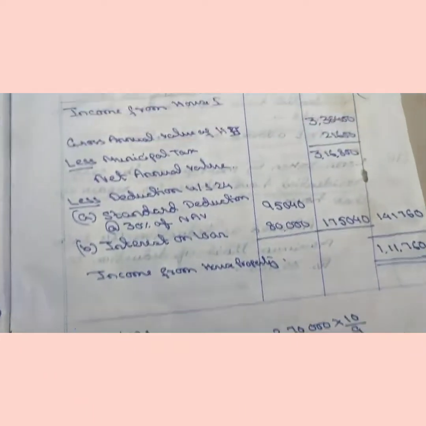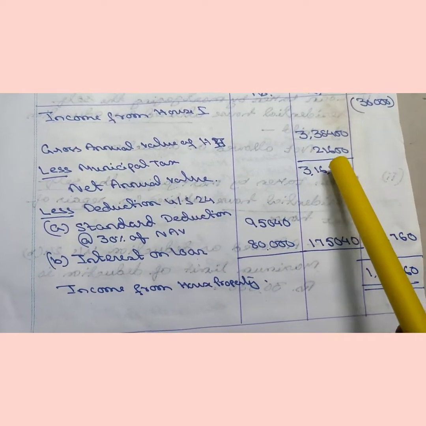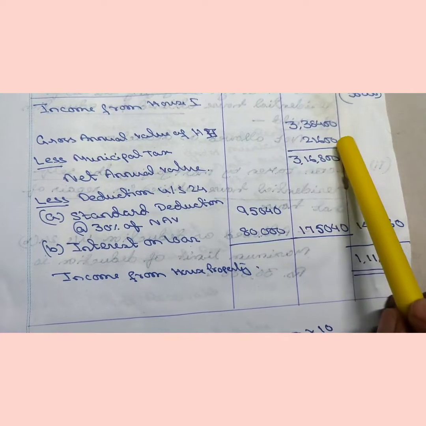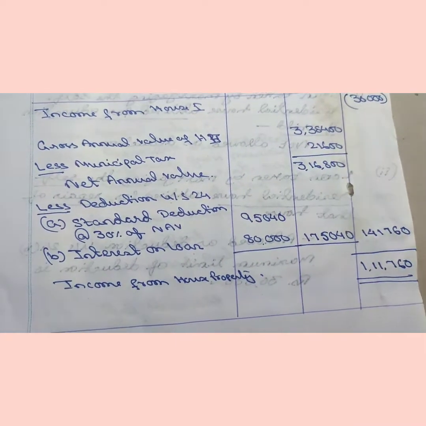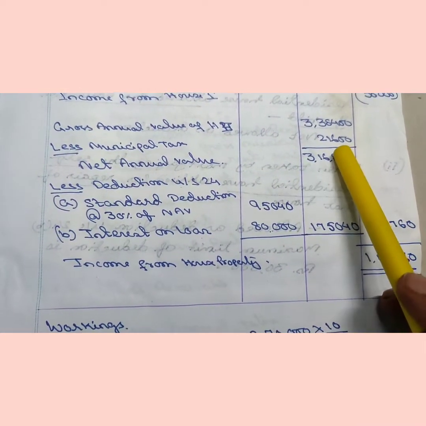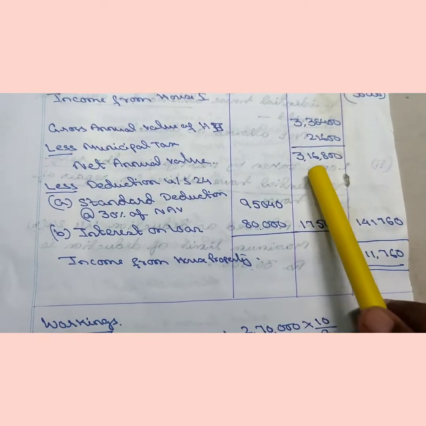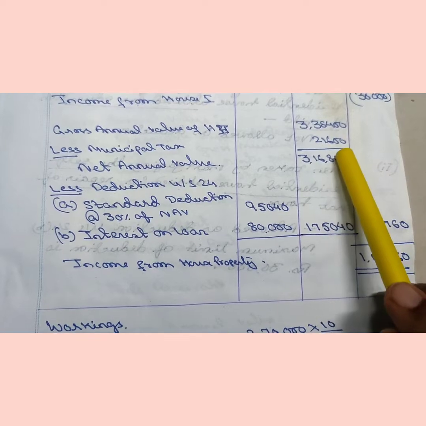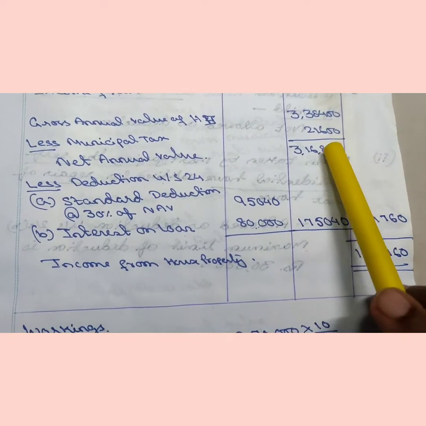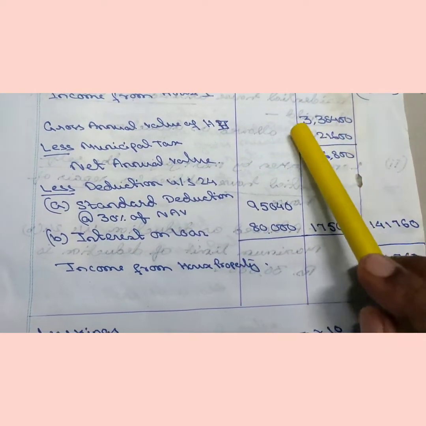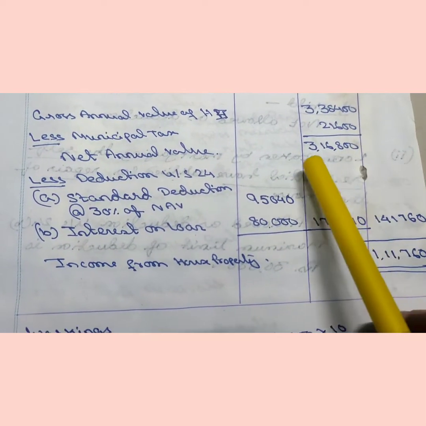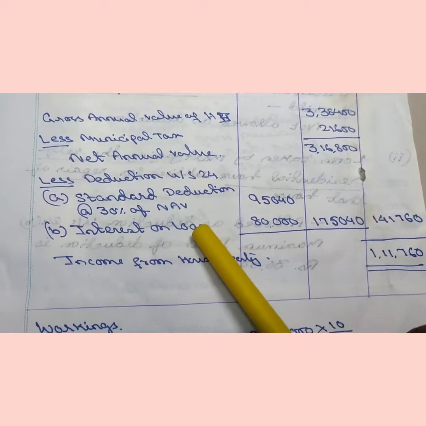Now in the question, from gross annual value, we have to deduct this allowable municipal tax of 21,600. Net annual value comes 3,16,800 after deducting 21,600 from gross annual value of 3,38,400.